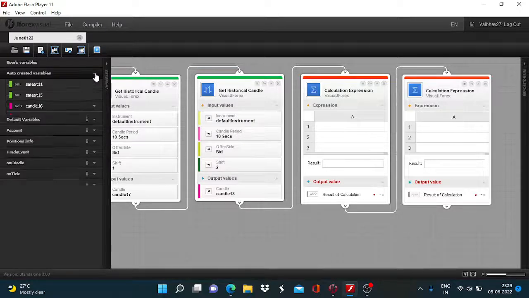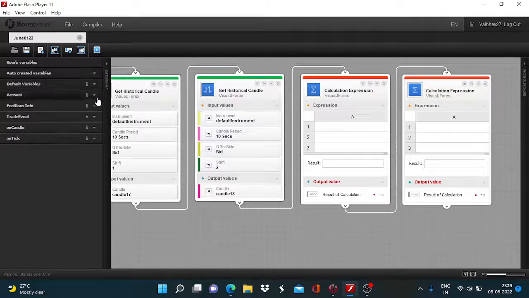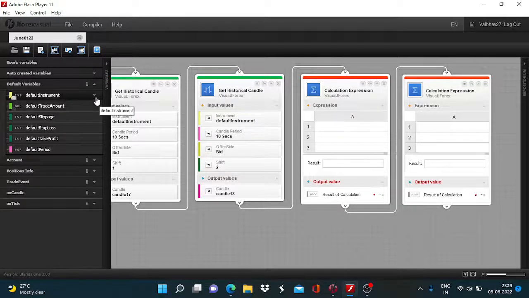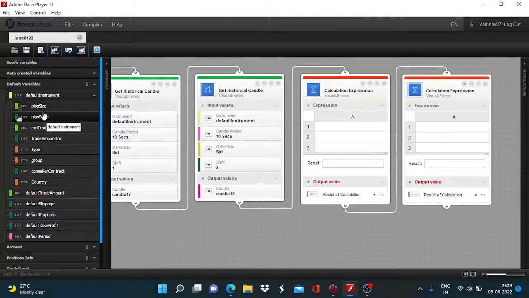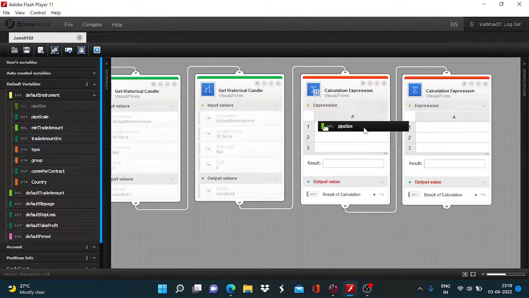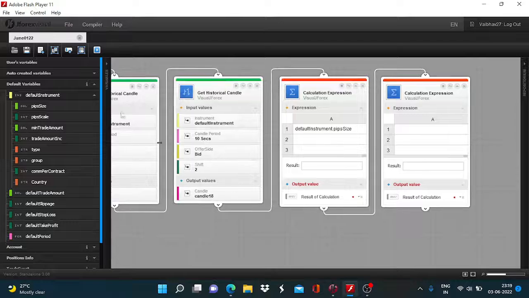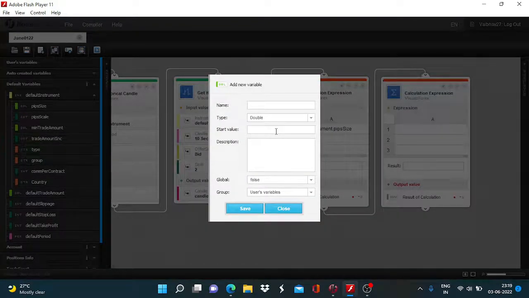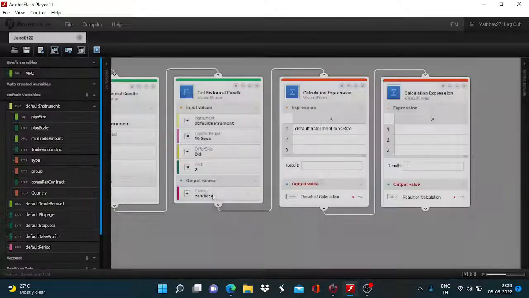Now to define 15 pips, we have to consider the default variables, default instrument pip size. So this is the pip size. Then we multiply it with a new variable with the start value of 15. Minimum pip condition, MPC.